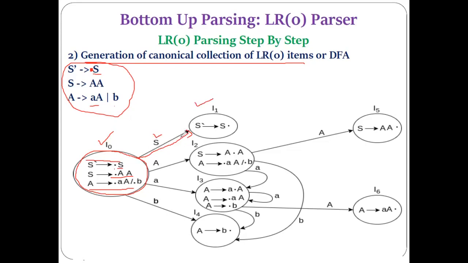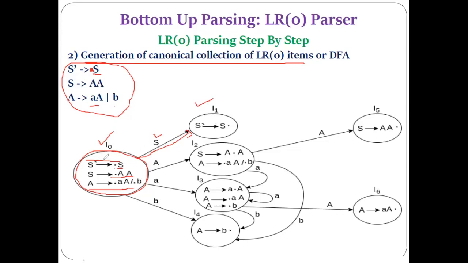And when you apply the goto, next you apply the closure operation. Our first production was S' derives dot S. In the goto operation, you have to move the dot also.